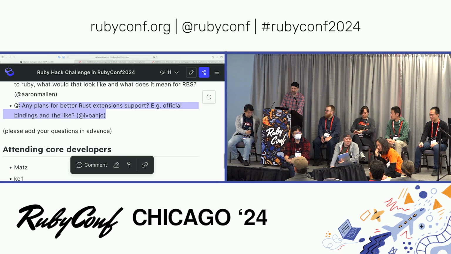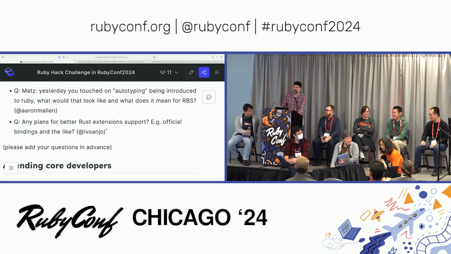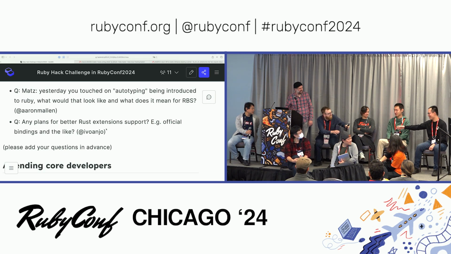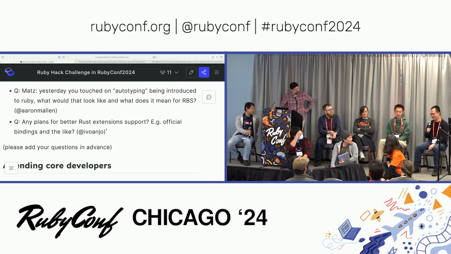Any plans for better Rust extension support, e.g. official bindings and the like? I think the answer is no. Alan, do you want to comment? I have strong opinions about this because in the company we have a bunch of people writing Rust extensions on the false assumption that they're safe, and usually that's a big red flag.